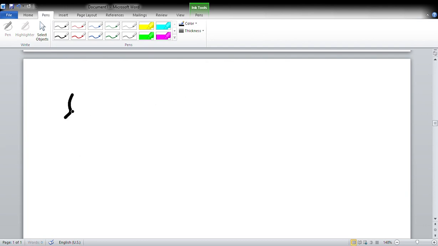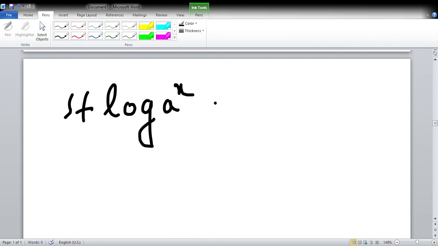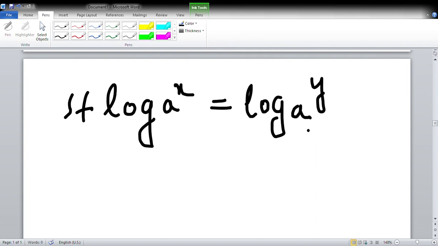If log x with the base a is equal to log y with the base a, then find out x and y.